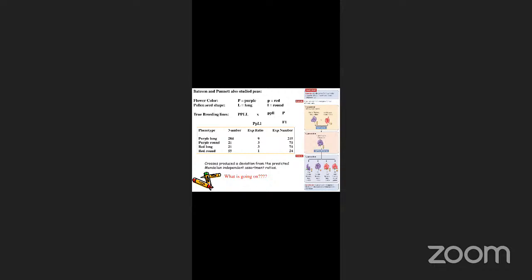They crossed the pure dominant form, PPLL, with the pure recessive form. They should have got 215 pure long, sorry, they got 284, but the expected number is 215 only. Like that they got differences in the numbers. Then they thought, why are we getting different ratios? This is because of linkage.